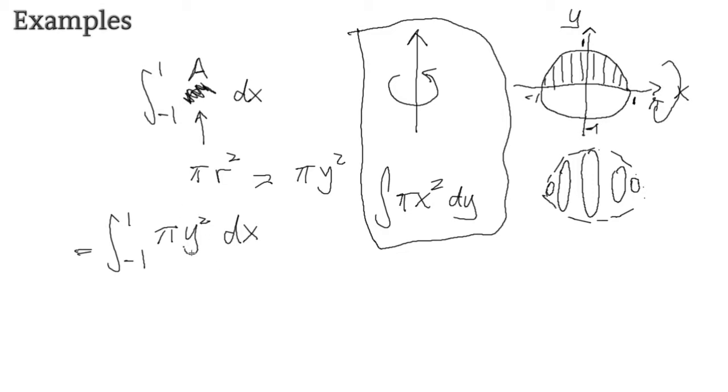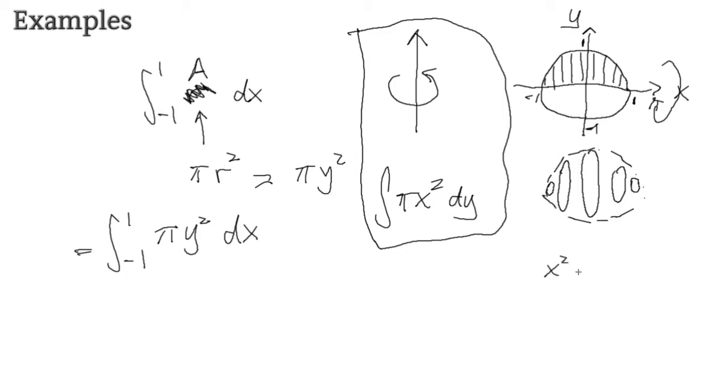And finally, we want to actually evaluate this whole thing. We cannot evaluate this because we have a y squared here. Luckily, we can, by using just Pythagoras, or if you like, you can use the polar coordinates, to find what x and y are.